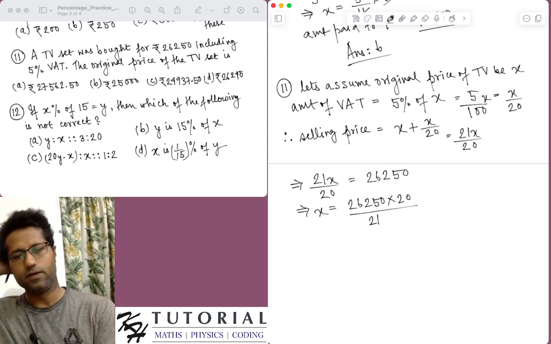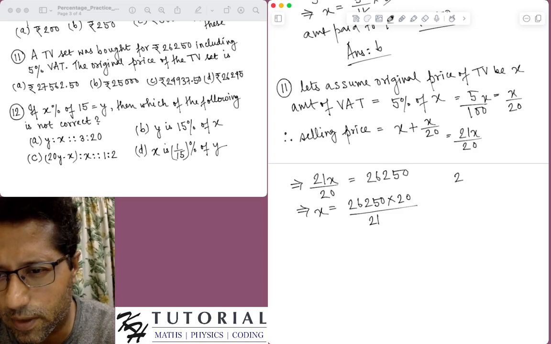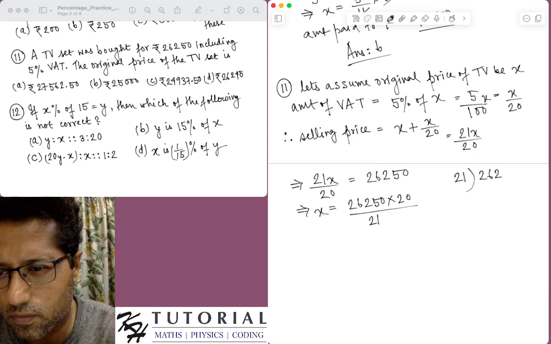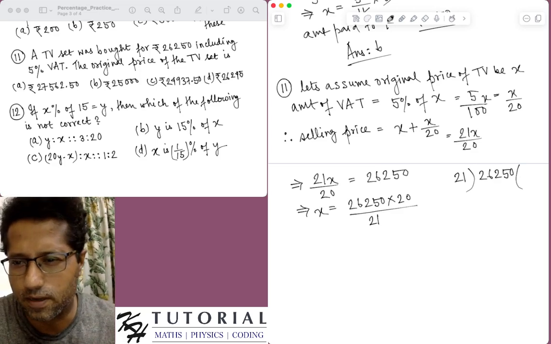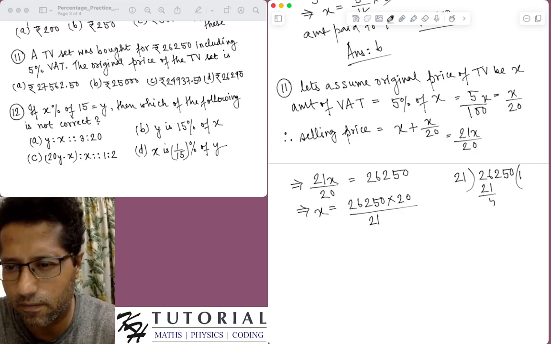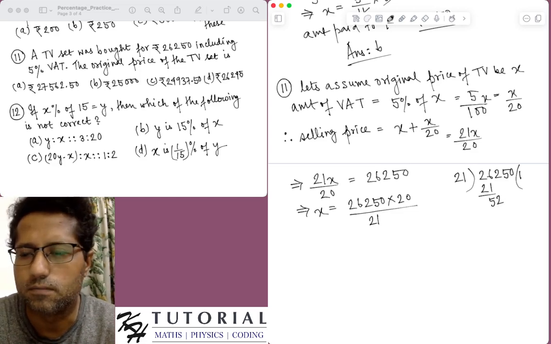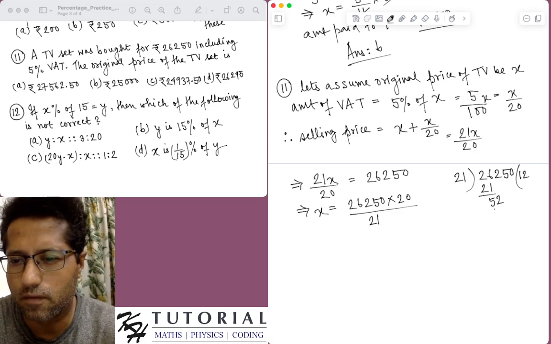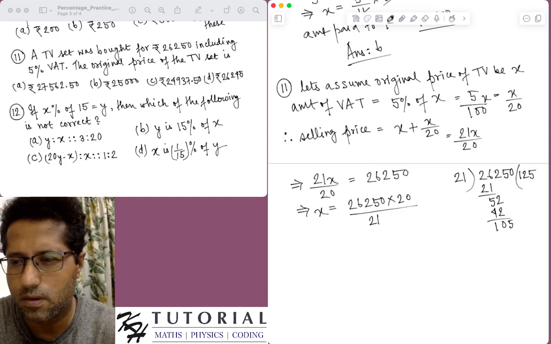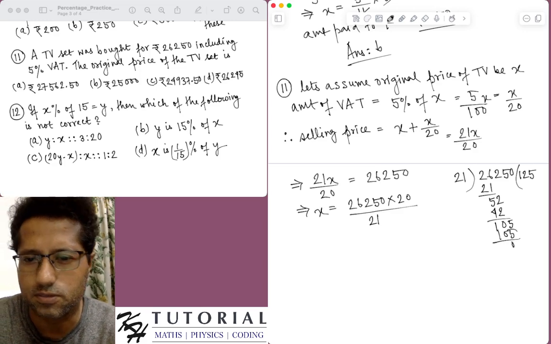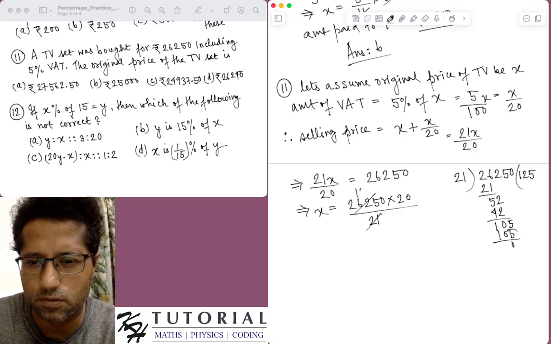And I think 21 will divide 26,250. Let's see. 21 into 26,250 gives 1250.